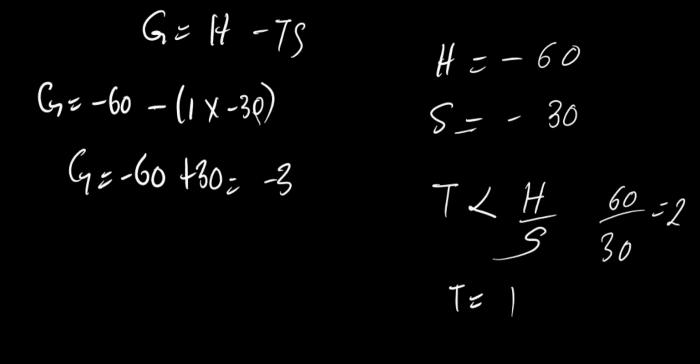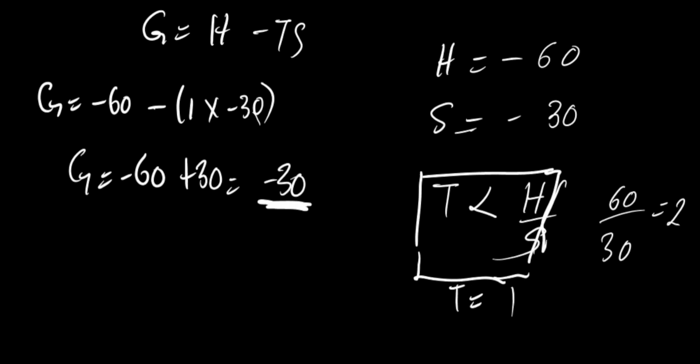And this would give us negative 30. We can see that we have a negative value of free energy, and hence the reaction would be spontaneous because this condition is fulfilled: temperature should be less than the ratio of enthalpy to entropy. Now let's take a look at another sign convention.